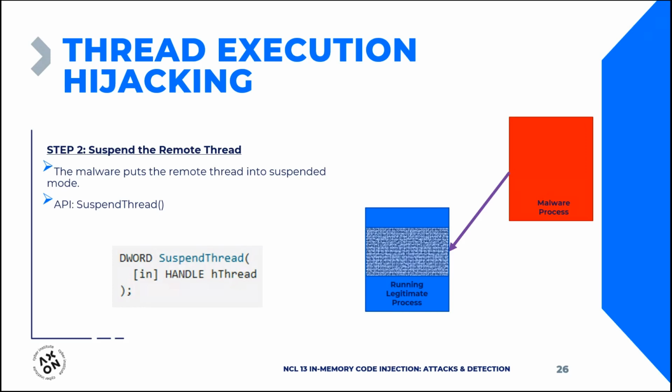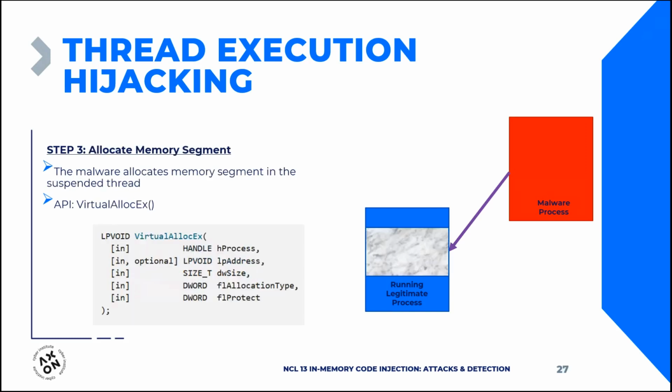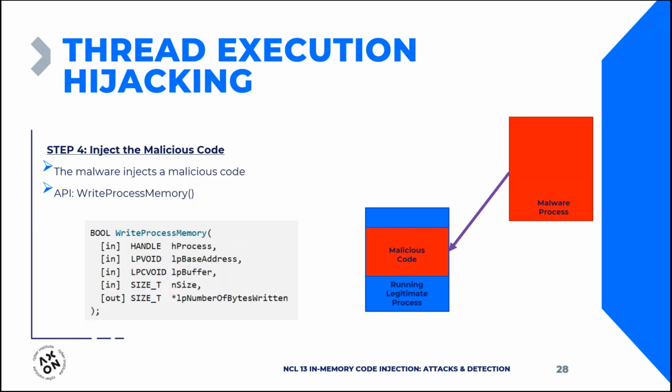Now, because it is in a suspended state, I can simply replace the code and the content of it with virtual alloc. So with virtual alloc, the address now is going to be the very address of the thread itself. So I'm forcing it inside a certain thread with virtual alloc.